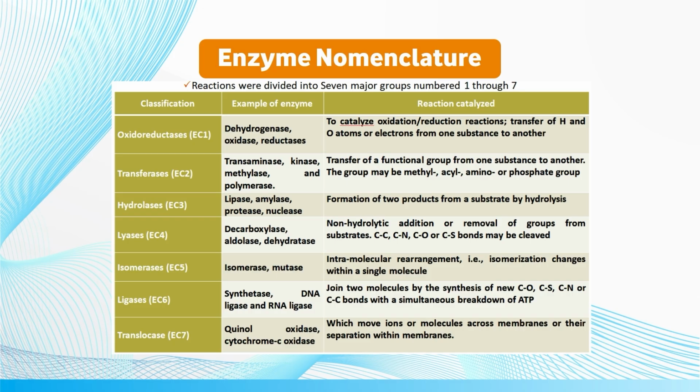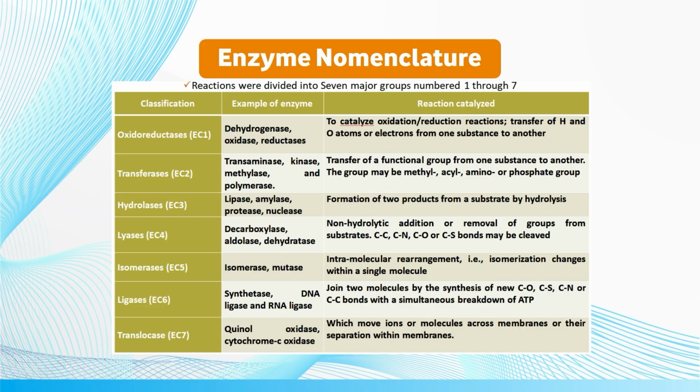The enzymes catalyzing those reactions: the first group is oxidoreductase, which catalyzes oxidation and reduction reactions that transfer hydrogen and oxygen atoms or electrons from one substance to another. Examples of this group are dehydrogenases, oxidases, and reductases.